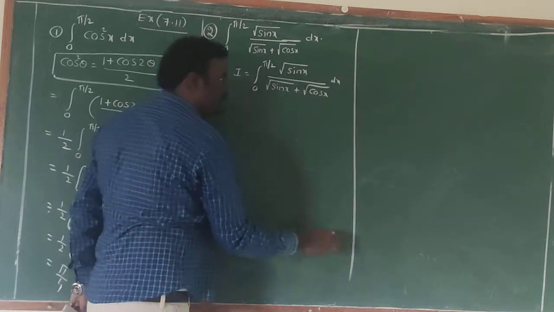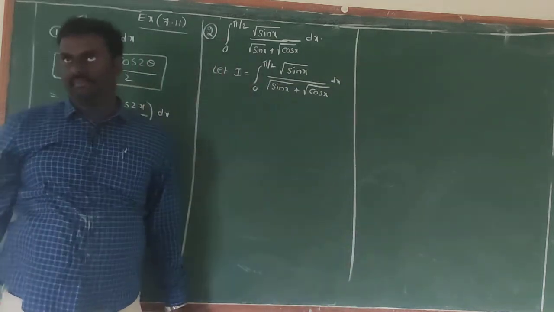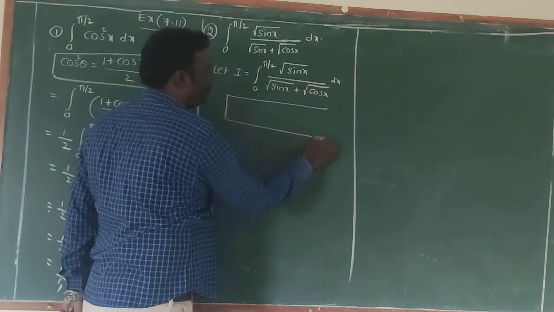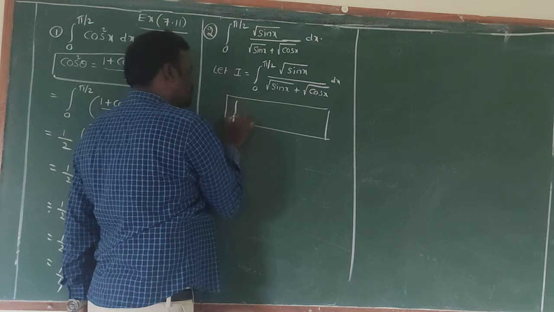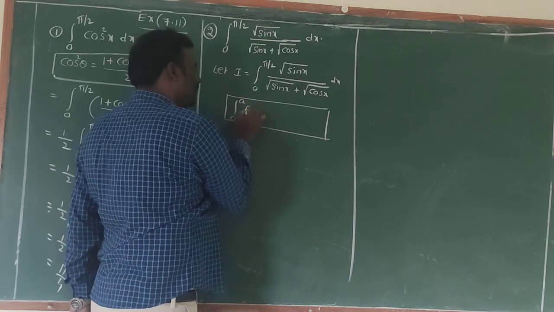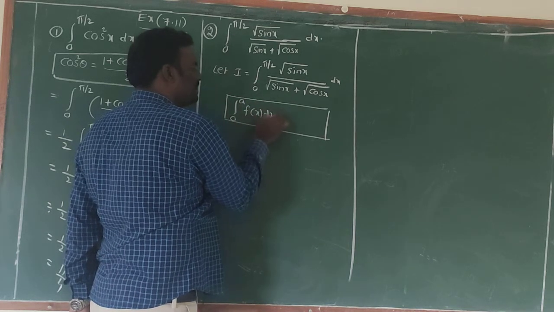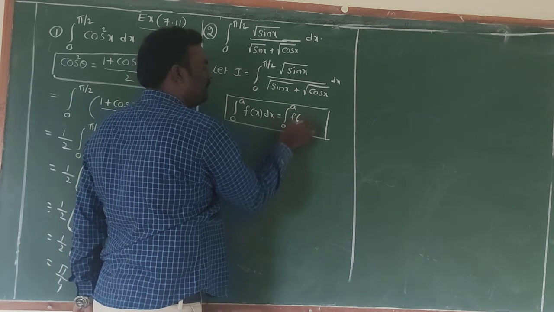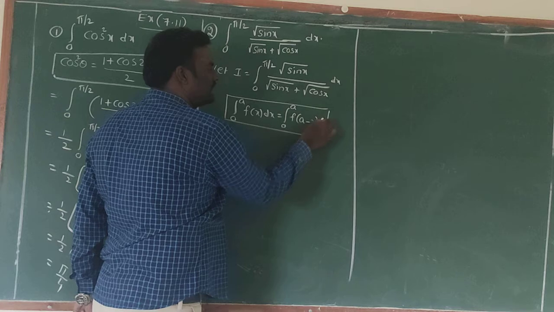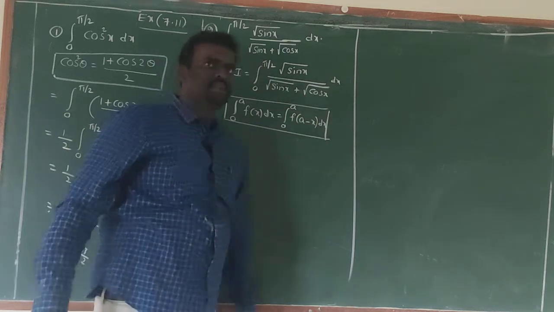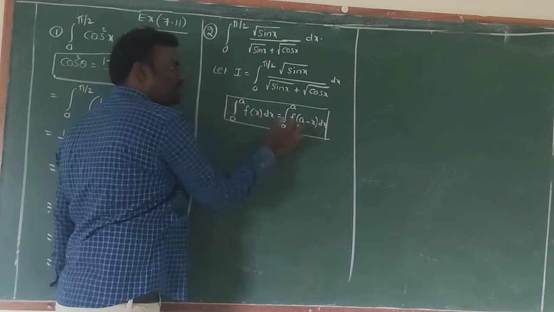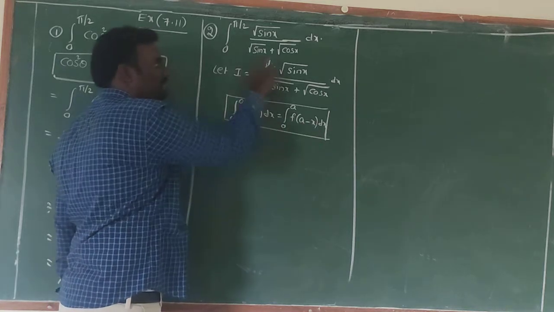So here I am using one property. Which property? I am writing here: the integral from 0 to a of f of x dx is equal to the integral from 0 to a of f of a minus x dx. So in place of x we need to substitute a minus x. A means what? Pi by 2.